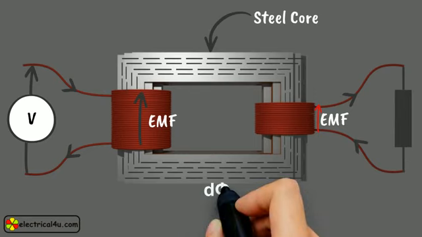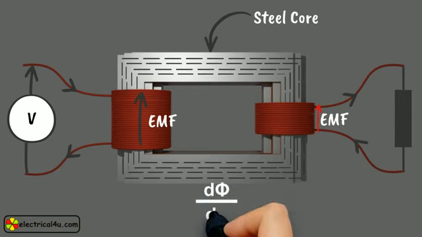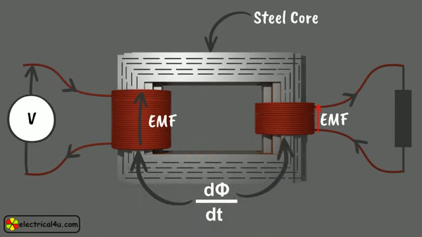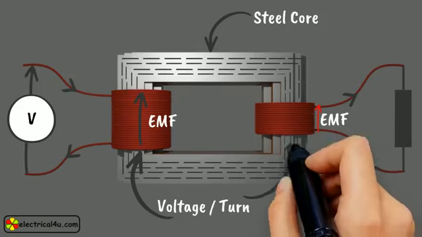As nearly the same flux links with the second winding, the rate of change of flux with respect to time is equal in both windings. Since, as per Faraday's laws of electromagnetic induction, induced EMF across a conductor is directly proportional to the rate of change of flux linkage, the voltage induced per turn in both windings will be the same.